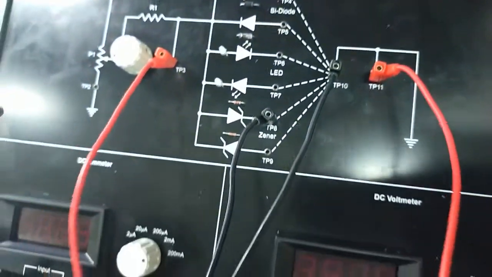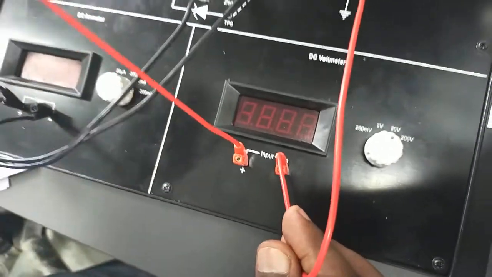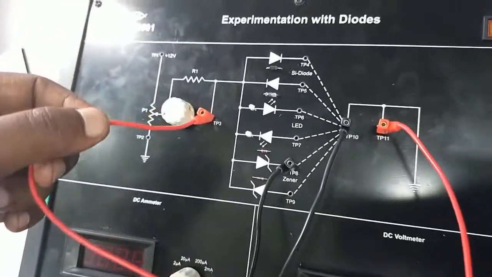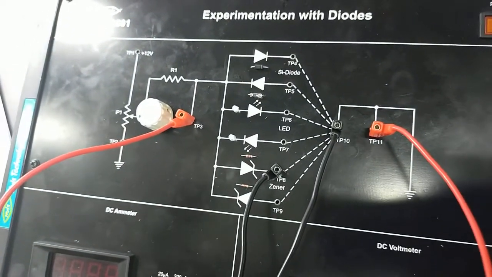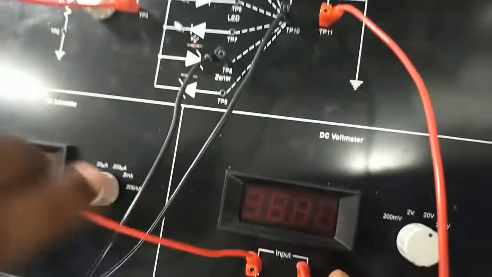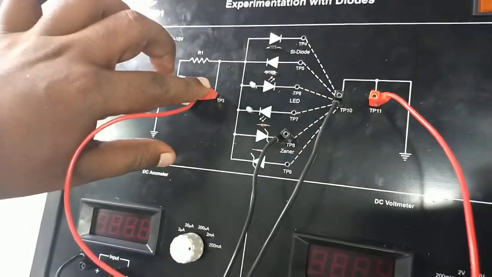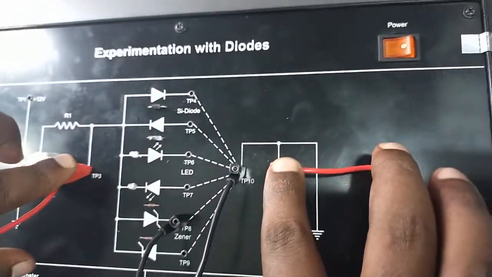And we have a DC voltmeter, and a voltmeter is always connected in parallel, so I have connected it in parallel across the Zener diode.